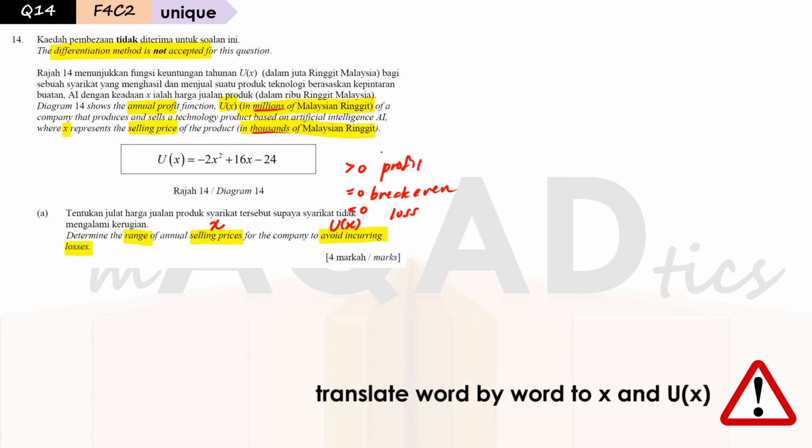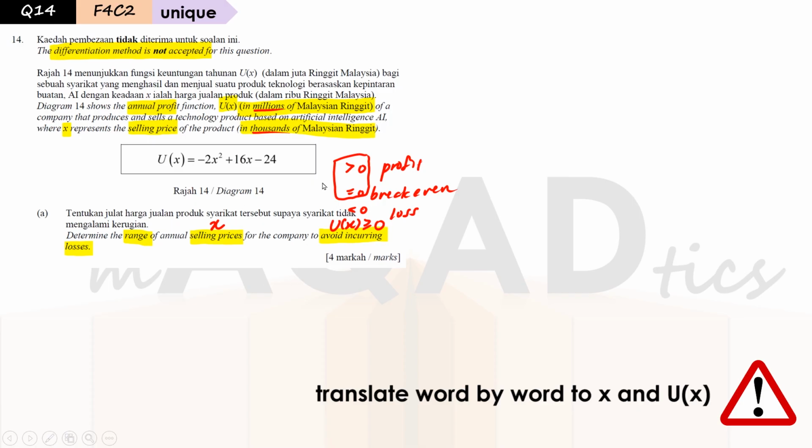So to avoid loss, it would be these two conditions combined together, which would be greater than or equal to 0. Alright, so now we have translated this sentence into the things that we have learned. So we want to find the value of x where u of x is greater than or equal to 0.